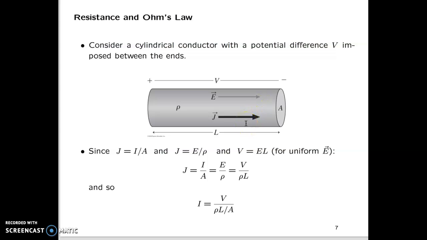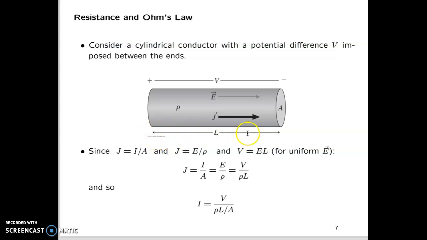Now, Ohm's law says that J is proportional to E, so there will be a current density J in the direction of the electric field, that is from high potential to low potential. Okay, so once again, A is the cross-sectional area, and rho now is the resistivity of this material.